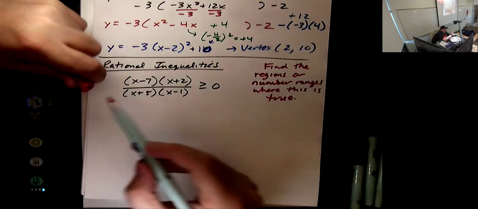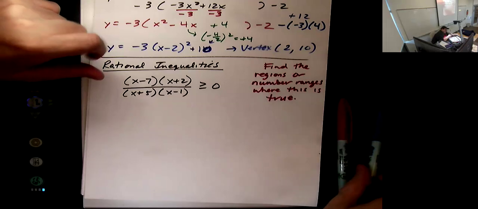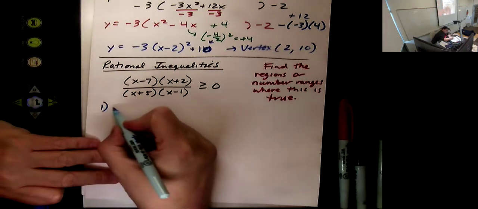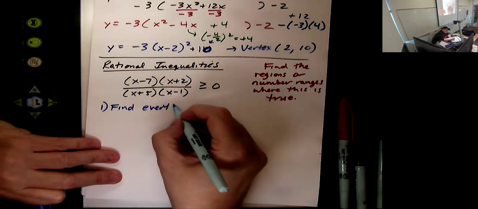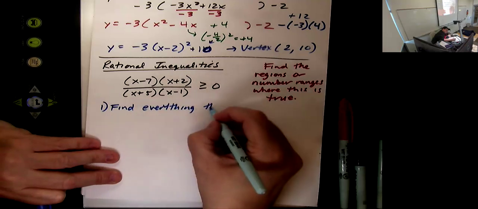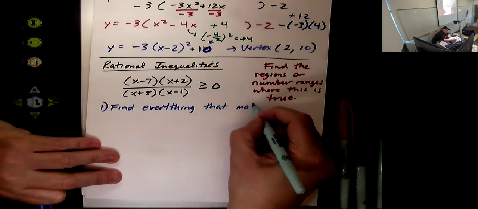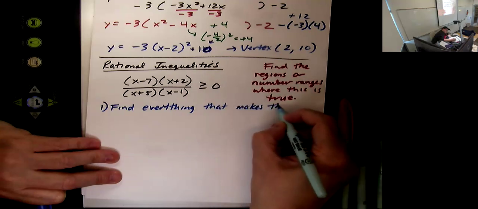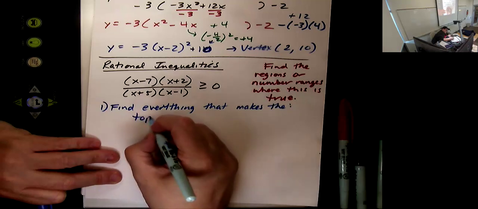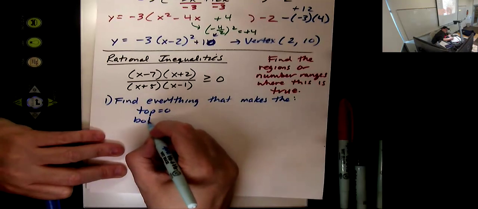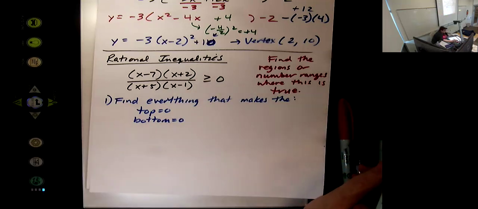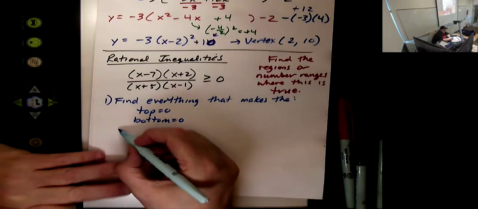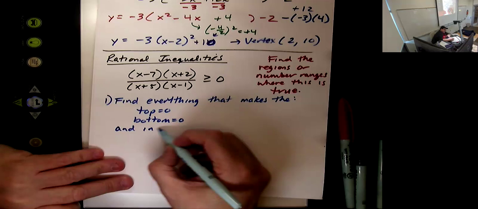So first, find everywhere that makes the top and bottom 0, and include them on a number line.